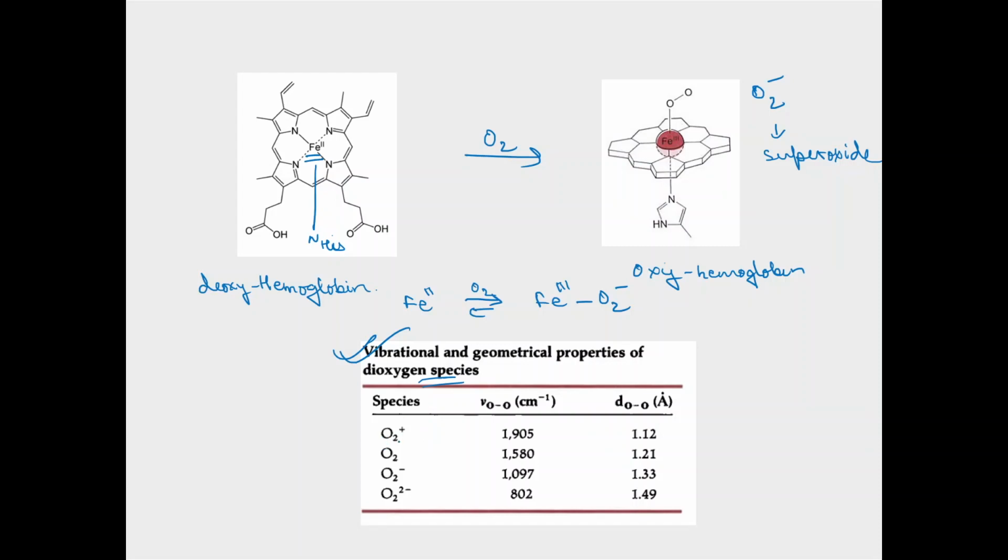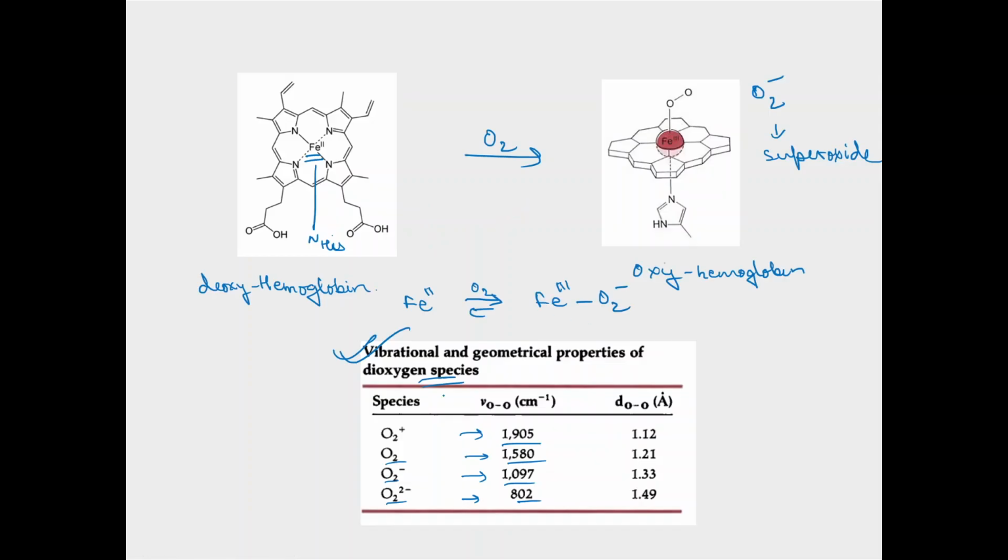For O2 plus, the stretching frequency is 1905 centimeter inverse. For O2, the Raman stretching frequency is 1580 centimeter inverse. For O2 minus it is 1097 centimeter inverse, and for O2 2 minus it is 802 centimeter inverse.